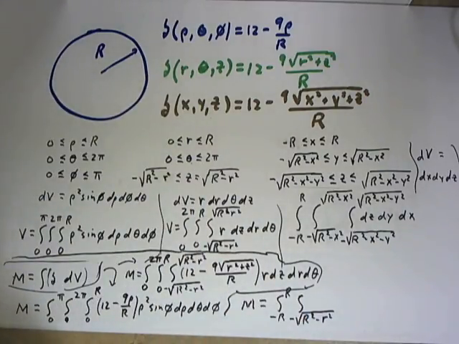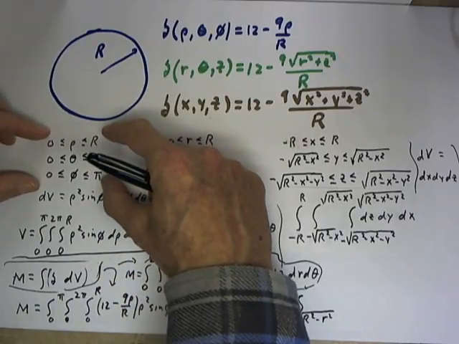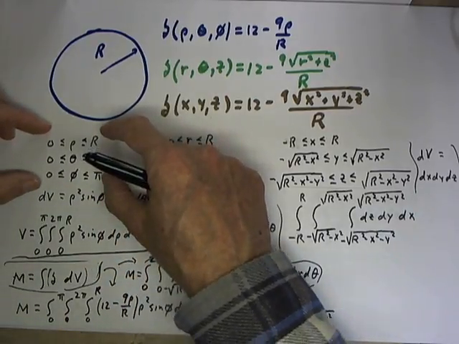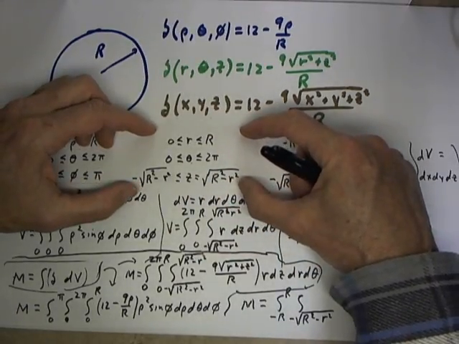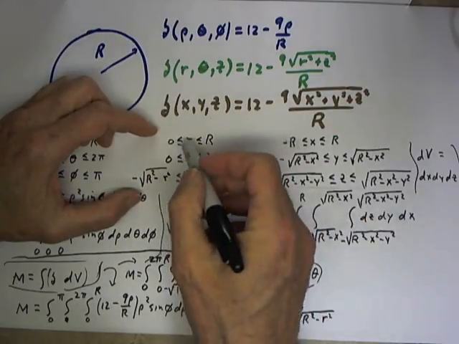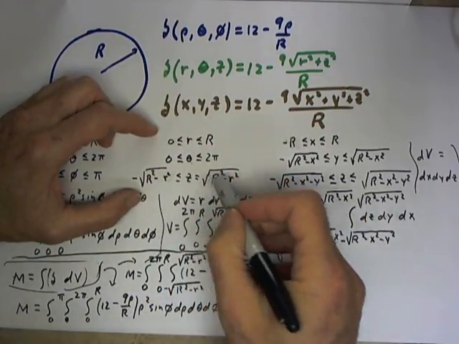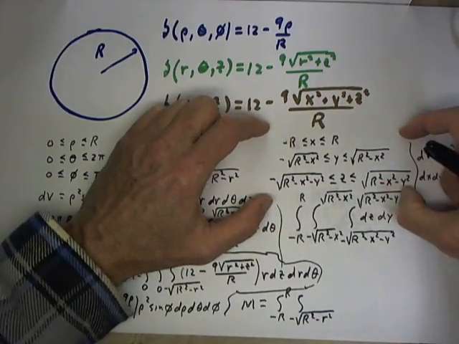The sphere is easily described in terms of spherical coordinates by these inequalities, which we've just seen. In terms of cylindrical coordinates by these inequalities, which we've seen previously, and in terms of rectangular coordinates by these inequalities.